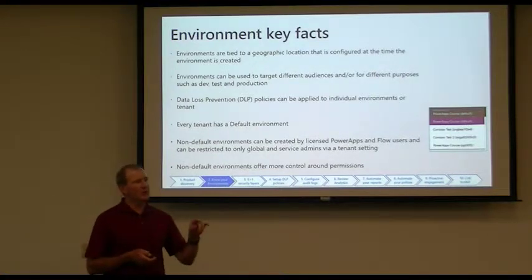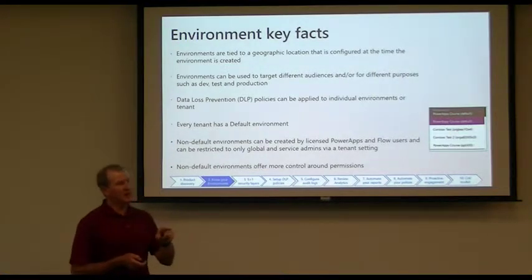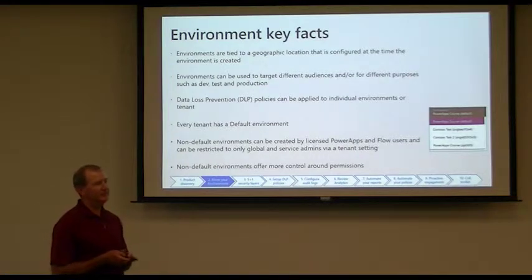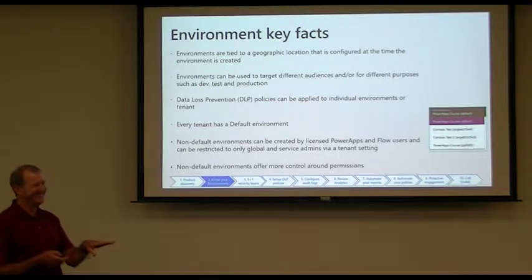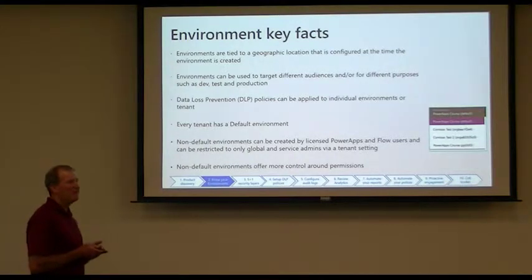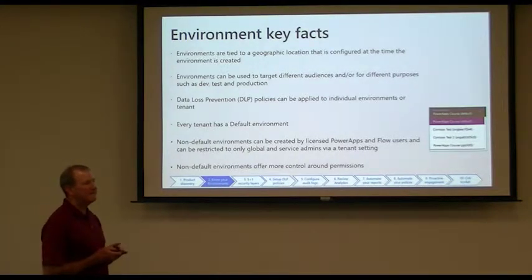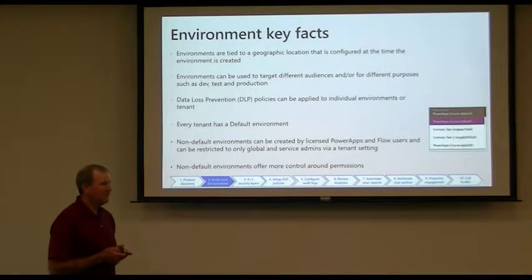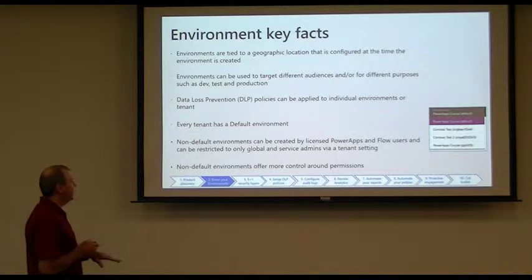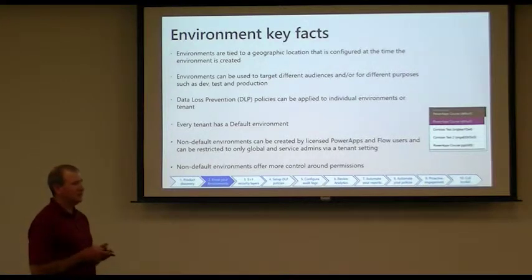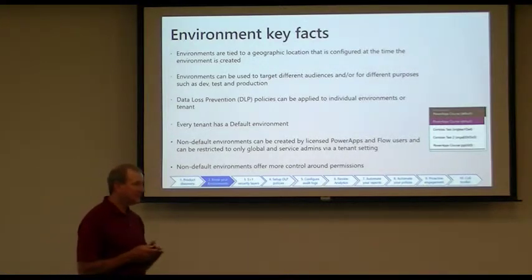So any user can go in and create a connector to a service that they have credentials to. Hold that thought. This acronym here is going to help: DLP, data loss prevention policies.